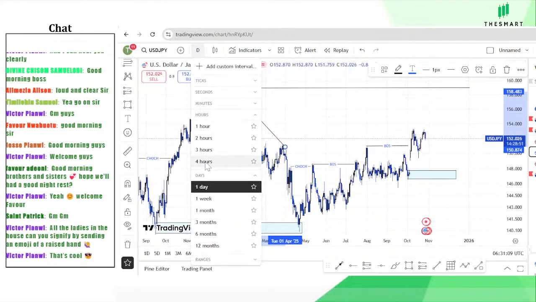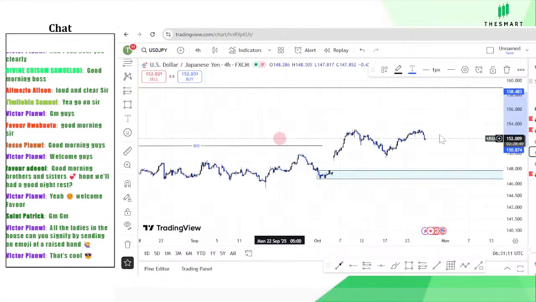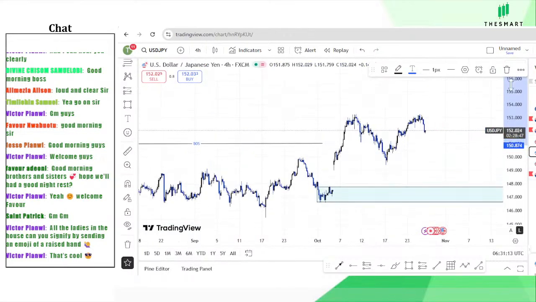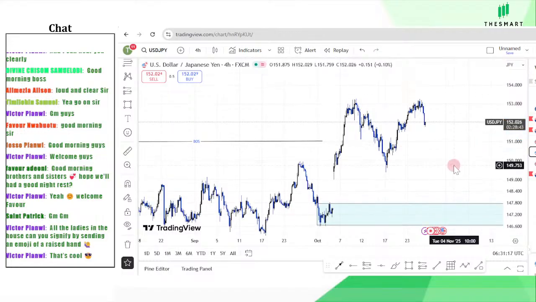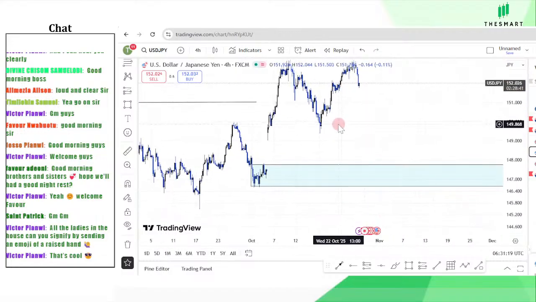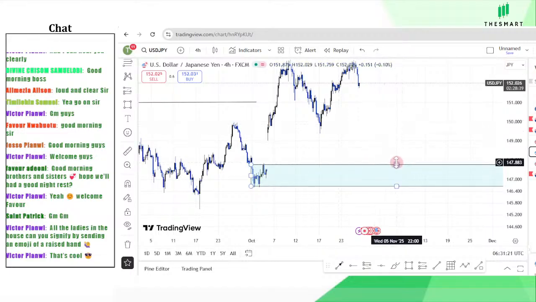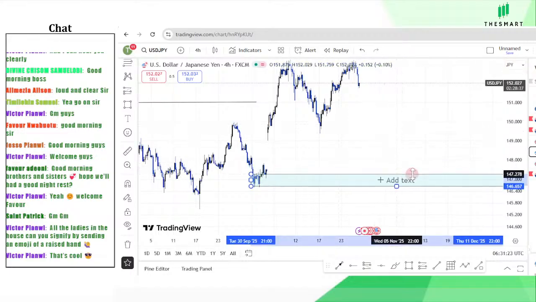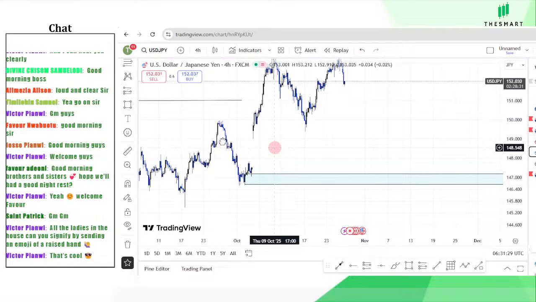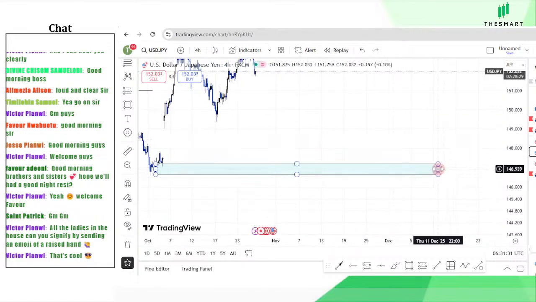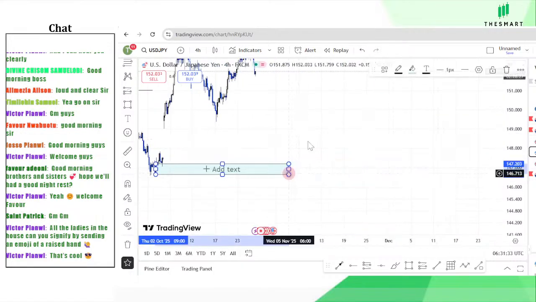So let's step down to the 4 hours to see if we'll have any clean price action. On the 4 hours, we will refine this to this level. This is the other block we have at this level on the 4 hours.